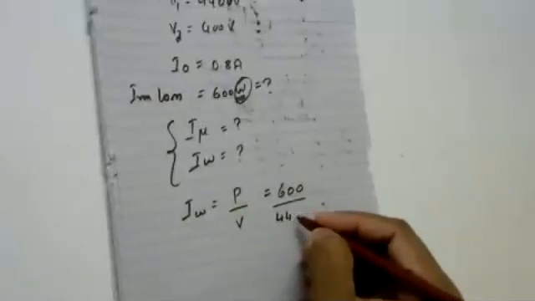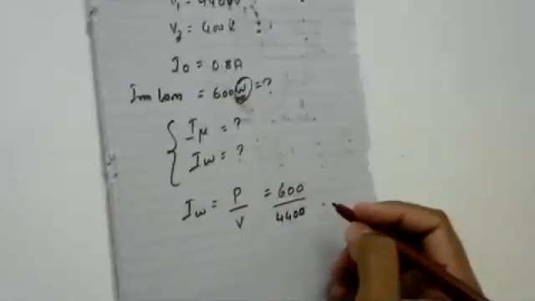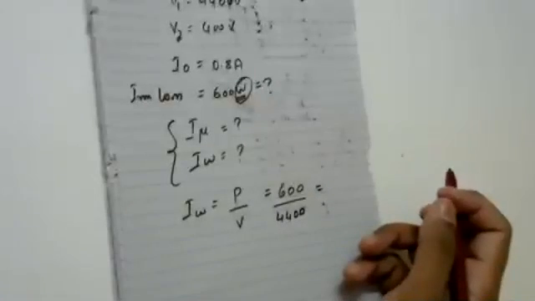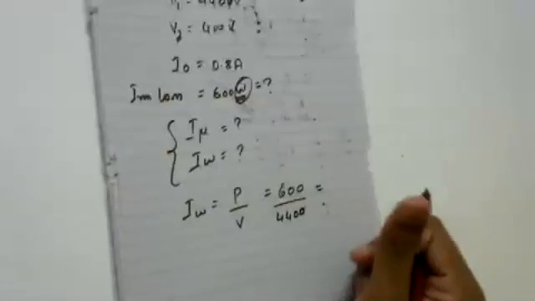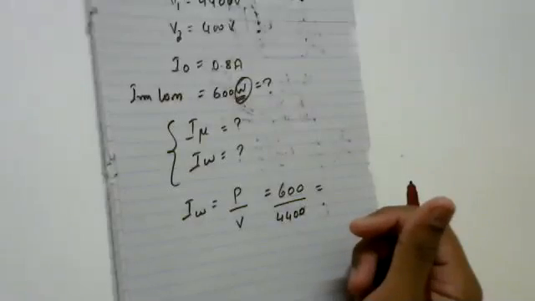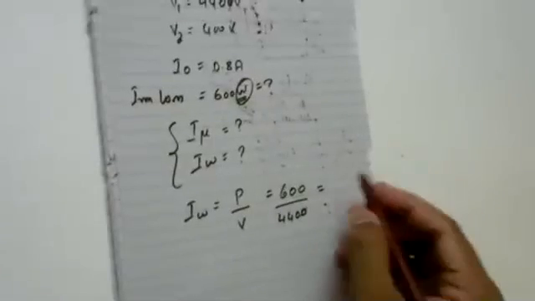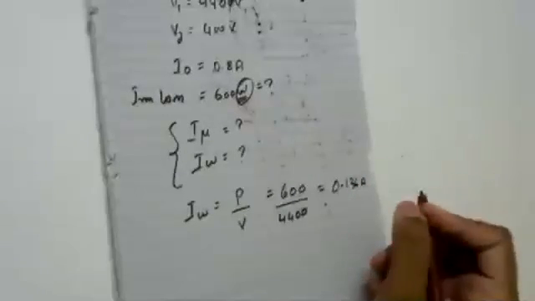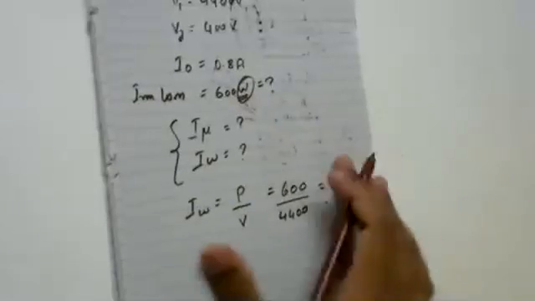So this is 4400. When I take this ratio, the answer stands to be 0.136 amps. So this is the value of IW.